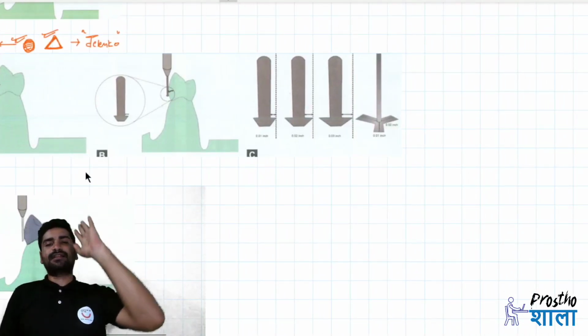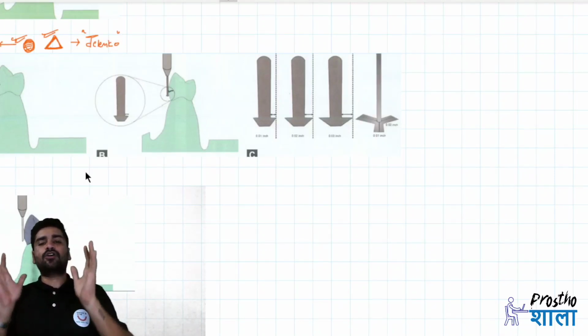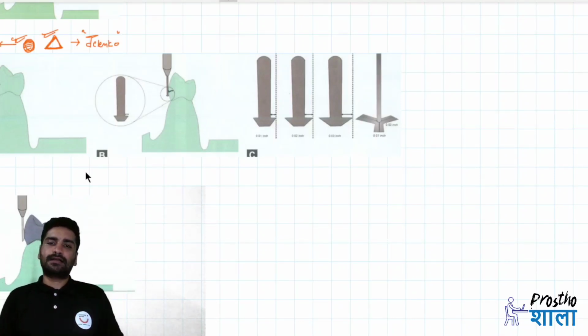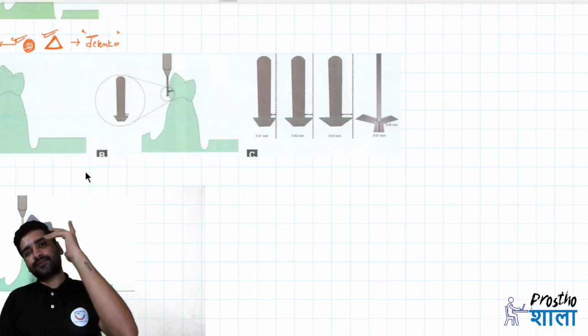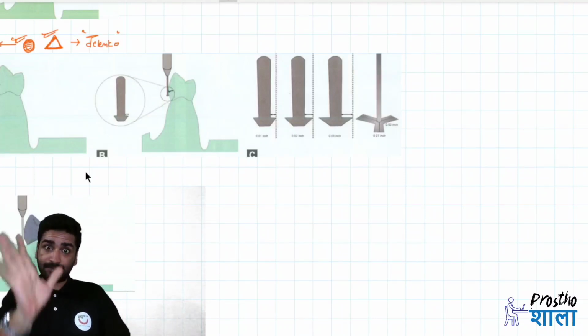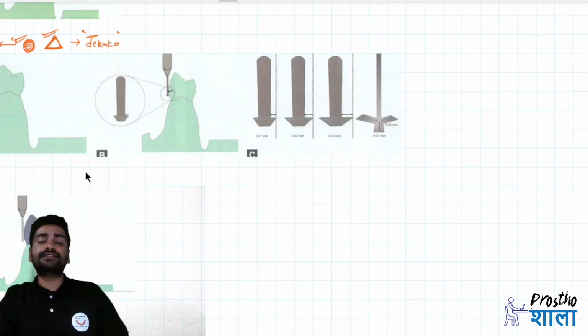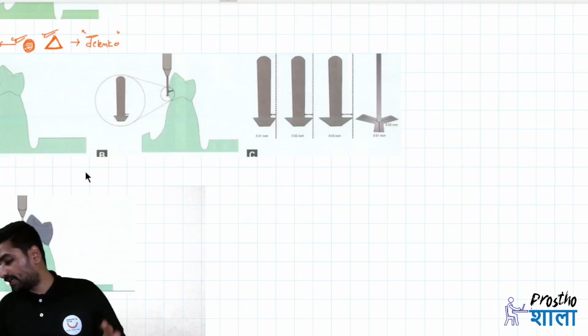Now you mark the line on the most prominent part. Below that prominent part, all the area is called undercut, where your clasp assembly is going to go and engage. But if you want to measure the depth of that undercut, what you need is the undercut gauge. Okay, depth gauge or undercut gauges.